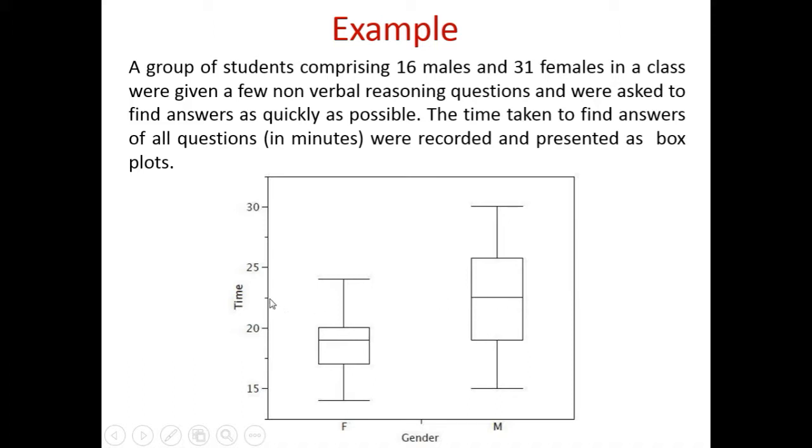I think it is somewhere around 22 or 23 minutes. I'm just approximating. So what we can see here is that clearly the middle time, the median time, is greater for male students as compared to female students.